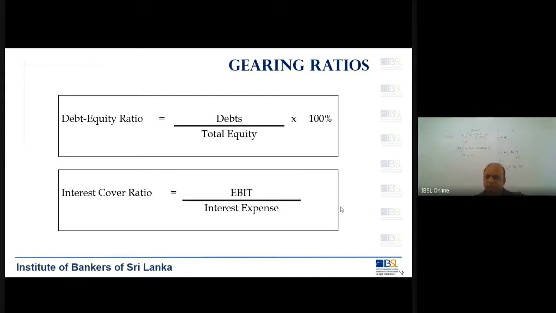EBIT is the earnings before interest and tax. So you take the earnings before interest and tax and you divide that by the interest expense that you have incurred. So maybe for the loan, you would have paid some interest that you have to use to divide the EBIT.